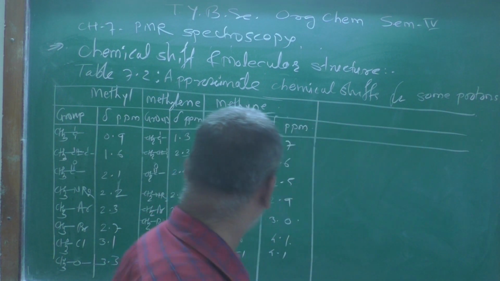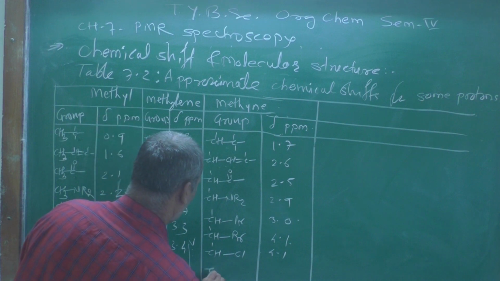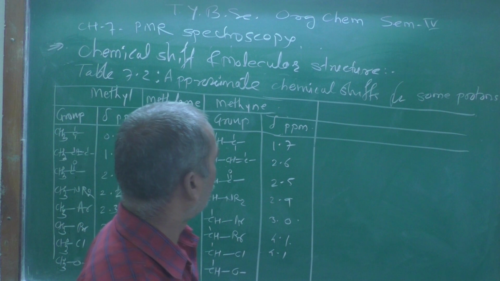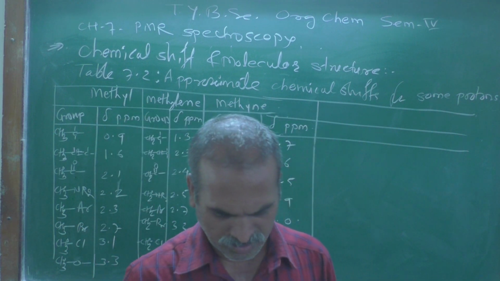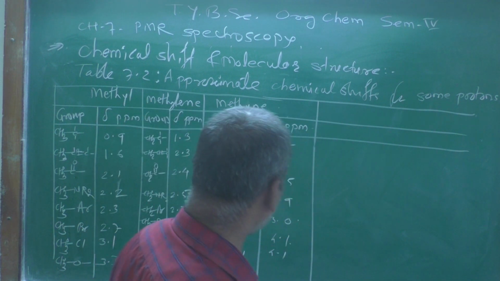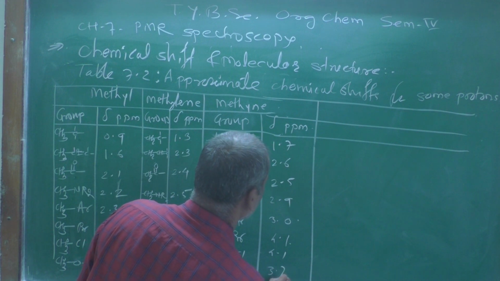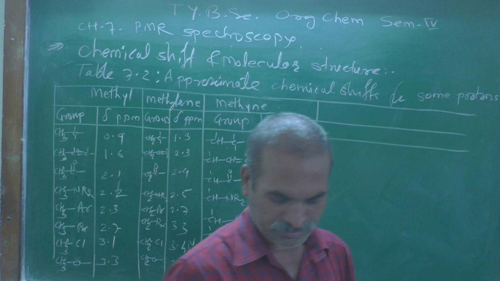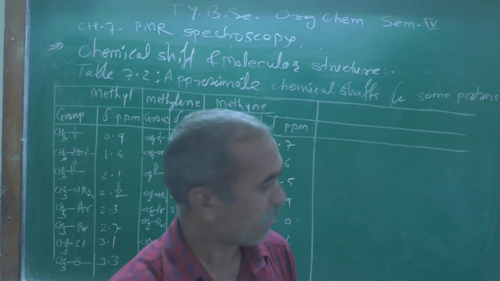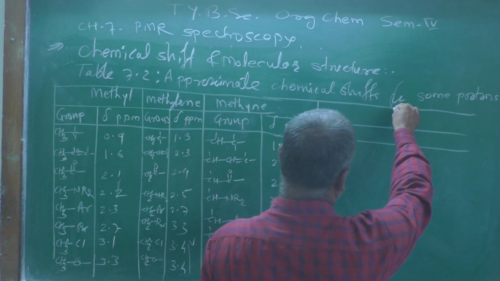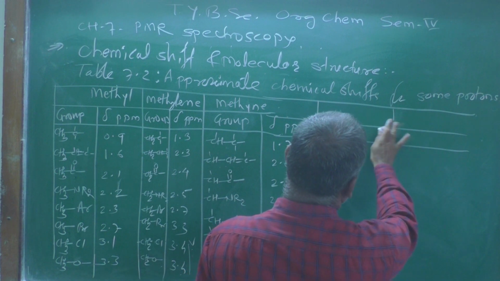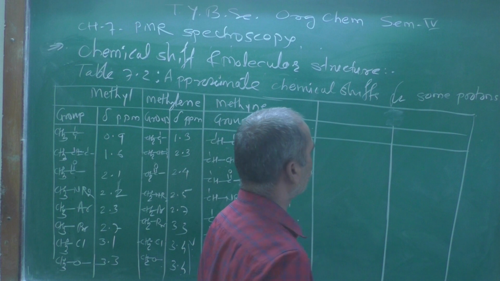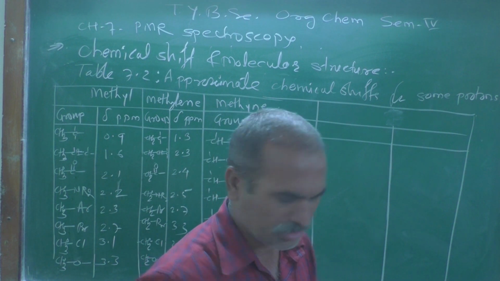When that methane group CH is attached to oxygen, the chemical shift value is found to be 3.7. These are the values for this. Now let us see the last one, which is the others.